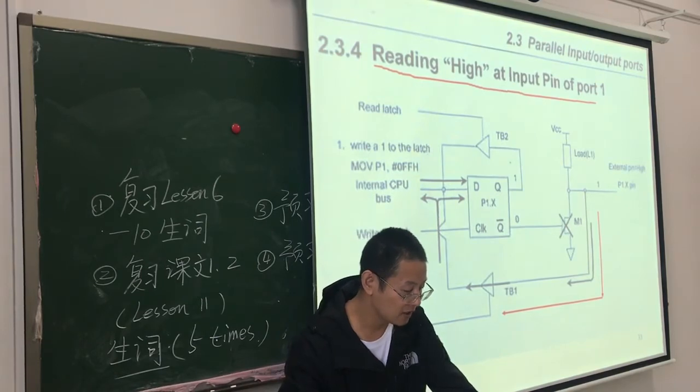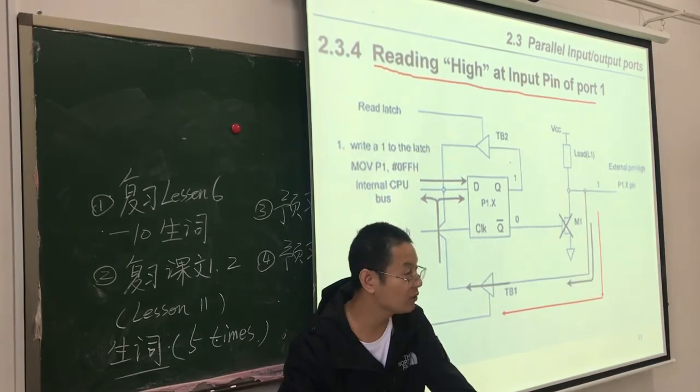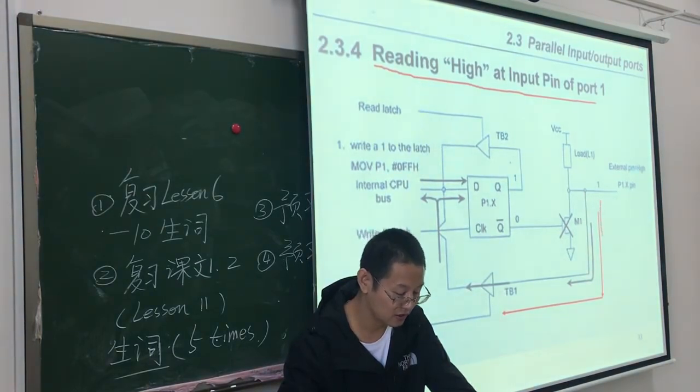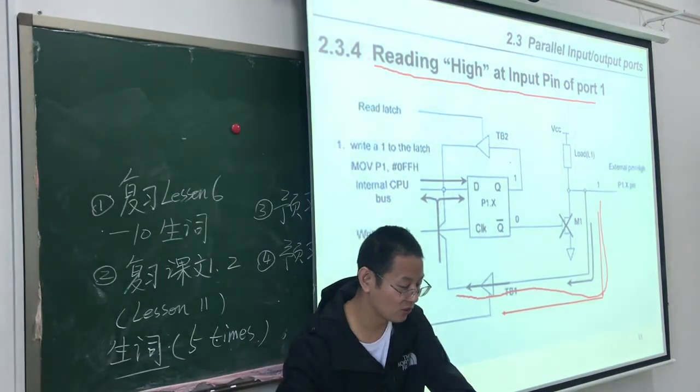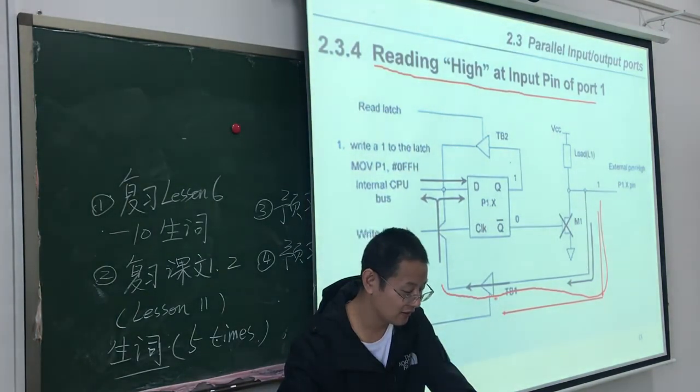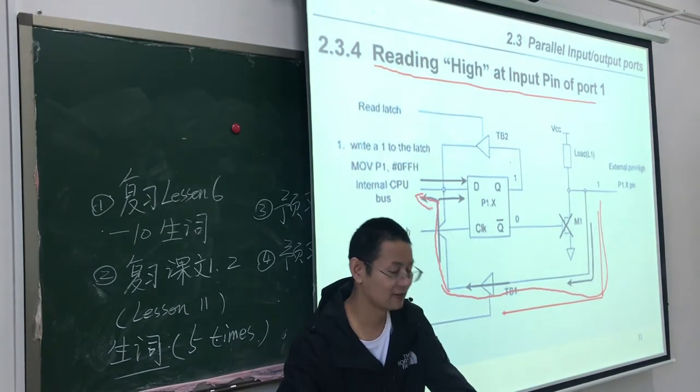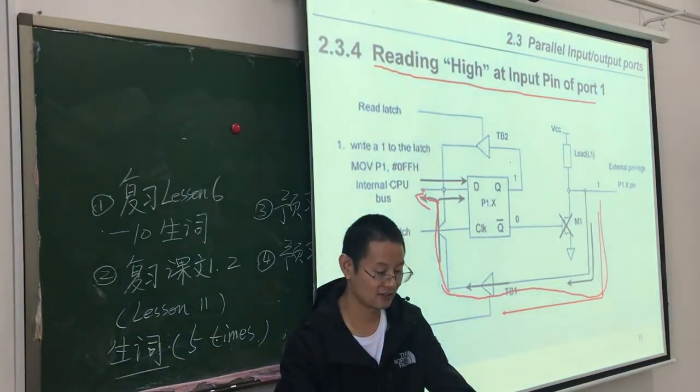Reading means MOV A, P1, and the signal at P1 goes like this. Come here, just like this.